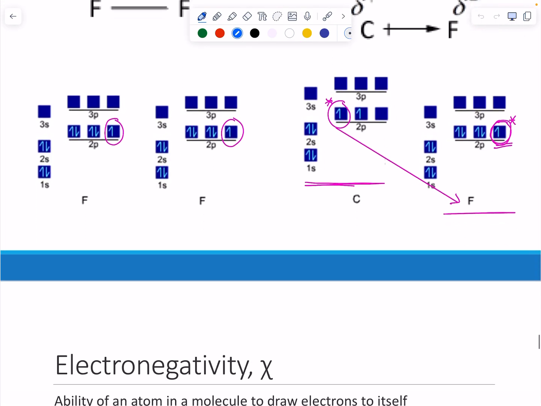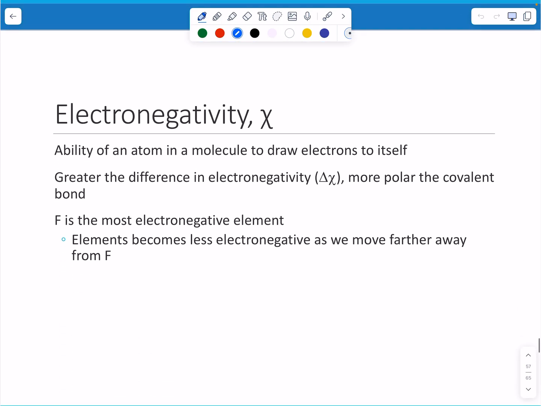So we have a single number that we use to quantitatively tell us, for most elements, what that electron affinity for electrons in a bond is going to be.